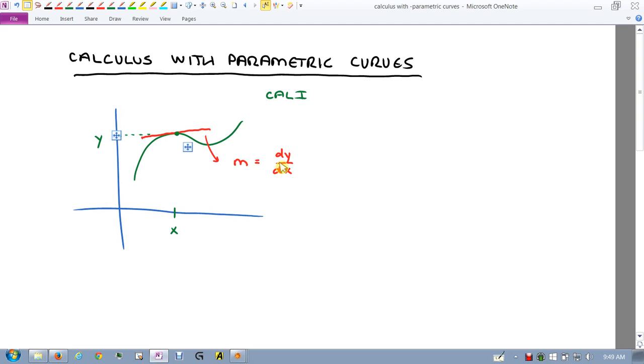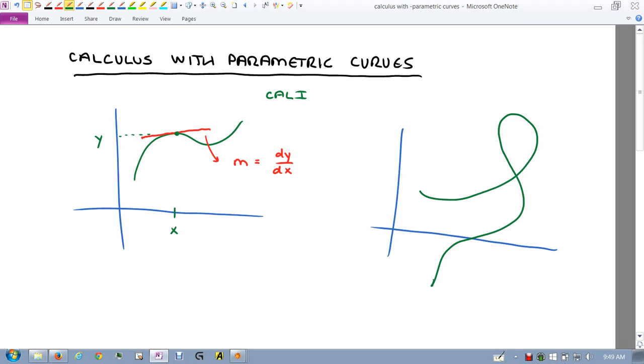Well, it turns out that if you have a parametric curve, so this time I'm going to draw my curve, and now you have a parametric curve, if you go out to a point, there will be some x value and some y value that goes with that point.